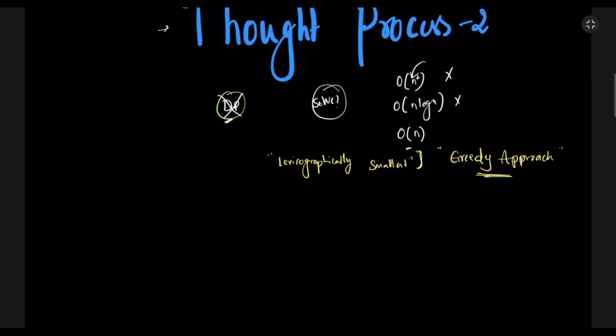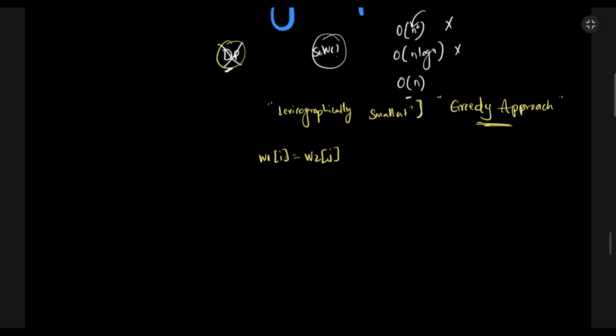All right. So greedy means we want to grab the first valid character we see going from left to right. If word1 of i is equal to word2 of j, then we will take it because it's always optimal. But what if they don't match? Then in that case we have two choices.